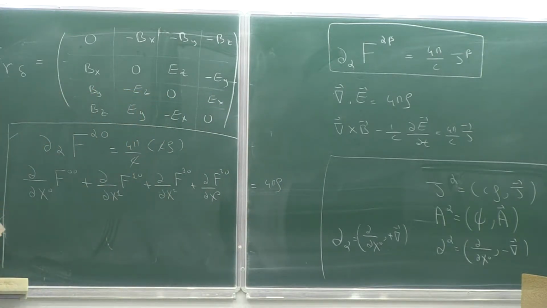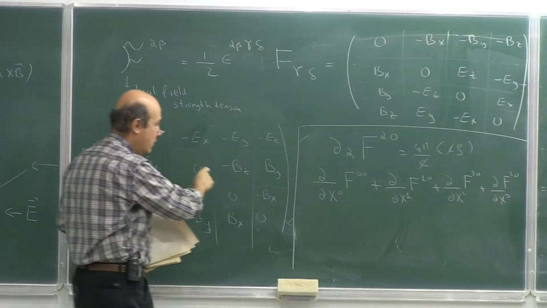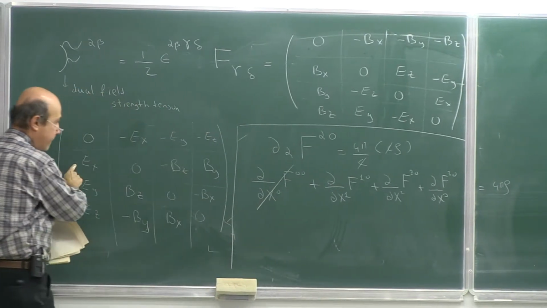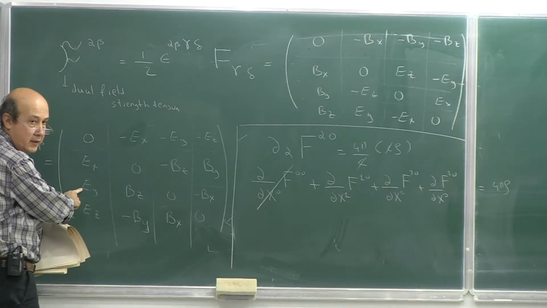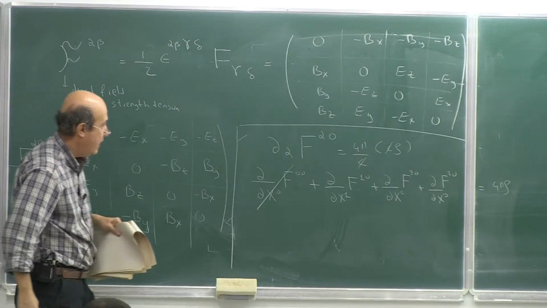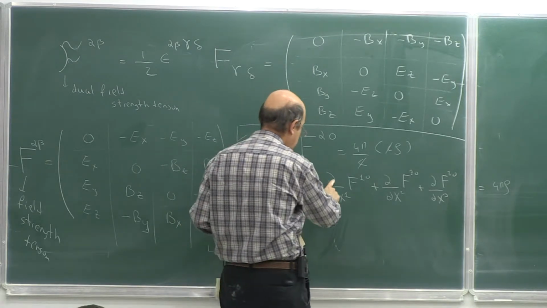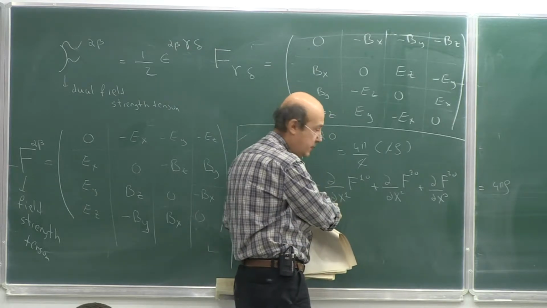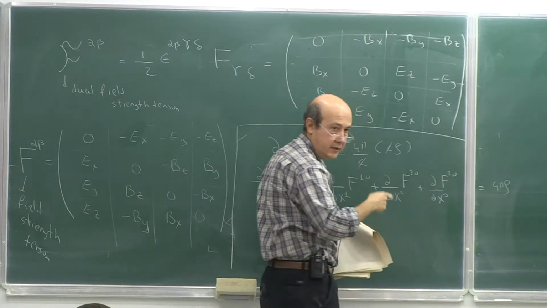What is the F^{00}? F^{00} is 0. What is F^{10}? Ex. What is F^{20}? Ey. And what is this? F^{30} is Ez. And how about the del over del alphas? Del over del x1 is del over del x, del over del x2 is del over del y, del over del x3 is del over del z.